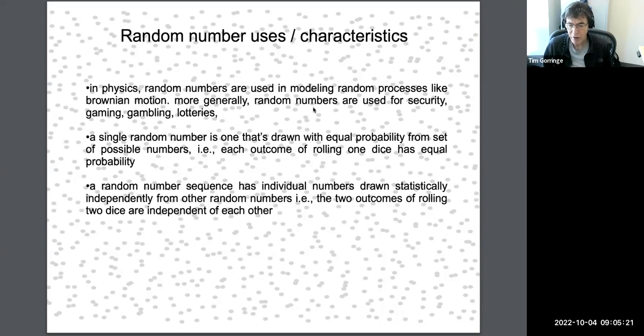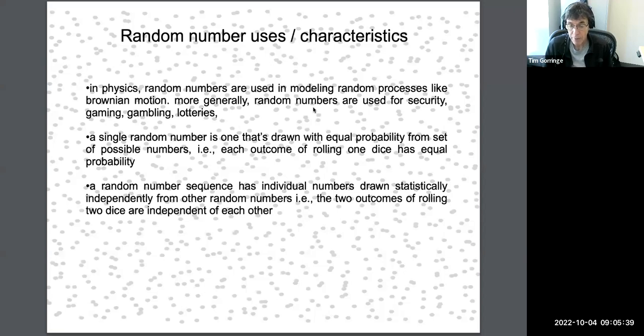To assess whether a random number is truly a random number or not, we have to look at sequences or streams of random numbers. In modeling and simulating, we're typically using large streams of random numbers.